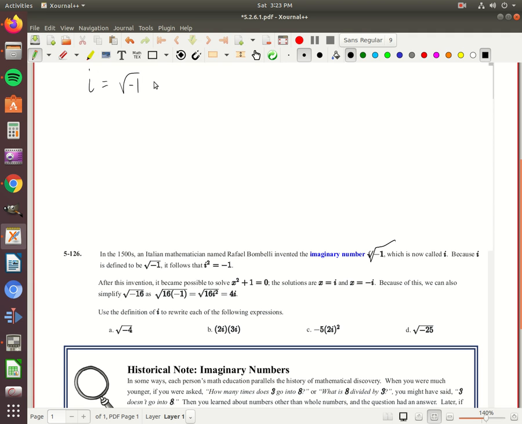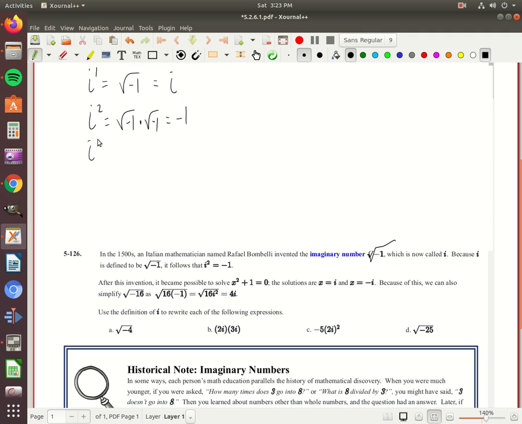And essentially it's nothing more than i to the first power. I will say that i to the first power is the square root of -1, and it just equals i. So what if I have i squared? What's the square root of -1 times the square root of -1? And the square root of -1 times the square root of -1 equals -1.